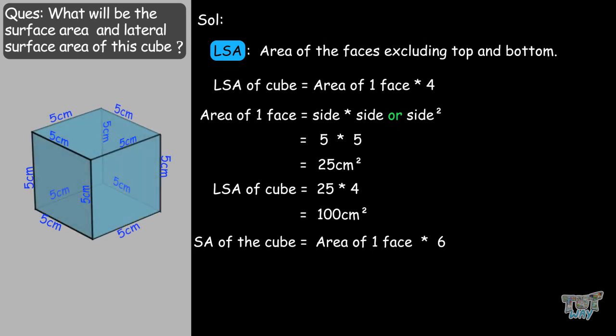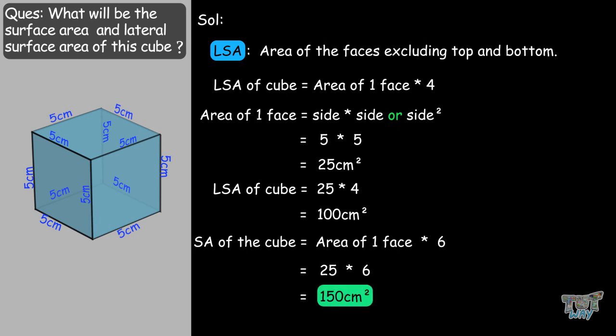Because we have 6 faces in the cube, and all faces have the exact same area. So it will be area of one face multiplied by 6. Area of one face is 25 centimeters squared, then multiplied by 6 equals 150 centimeters squared. So surface area of the cube that has 5 centimeters as its side length is 150 centimeters squared.